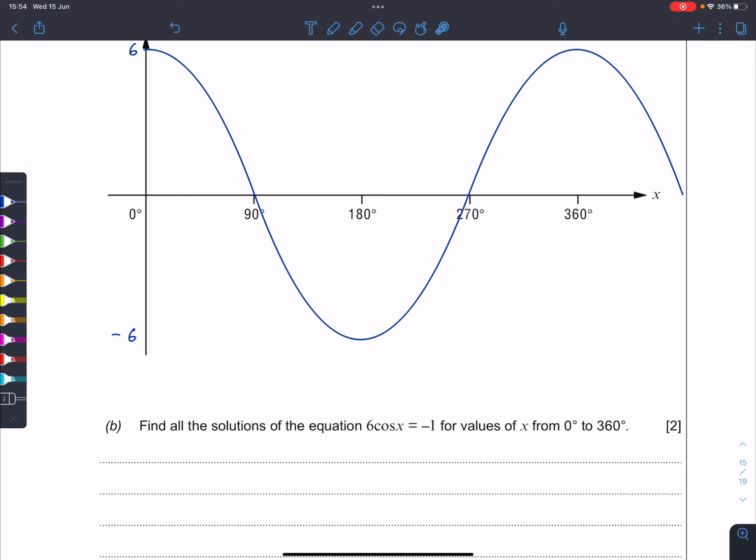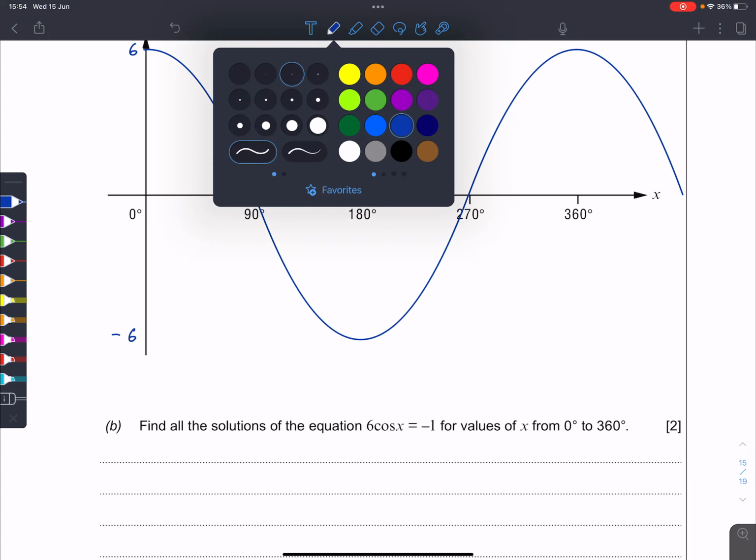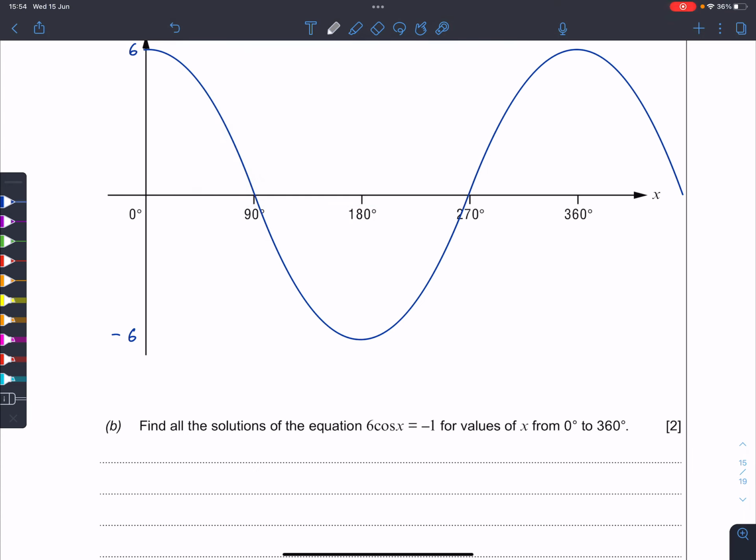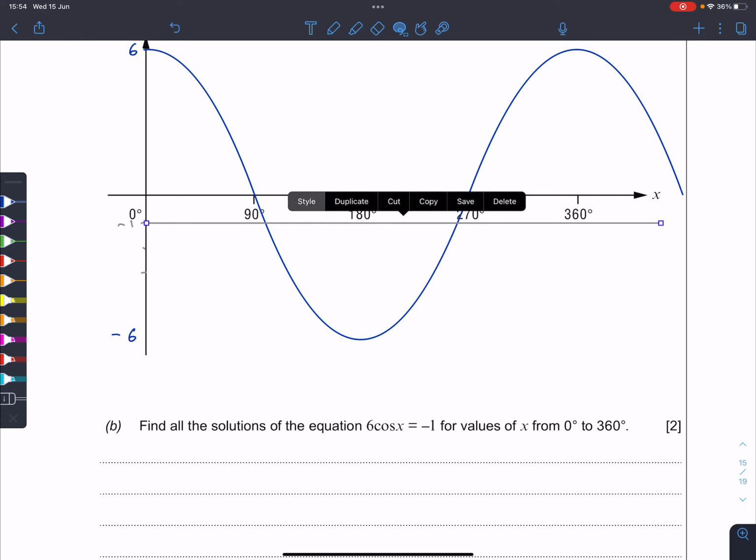So what we're going to do is draw a line across at negative 1. Now we can't be precise because this is a sketch, but we can be roughly correct. So negative 3, negative 2, negative 1. I'm going to say about there. And I'm going to draw a horizontal line going across.